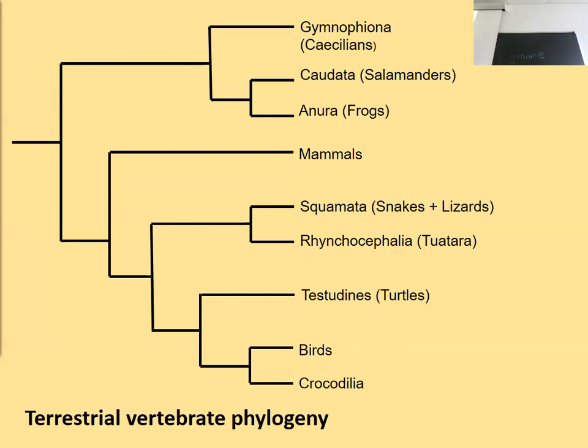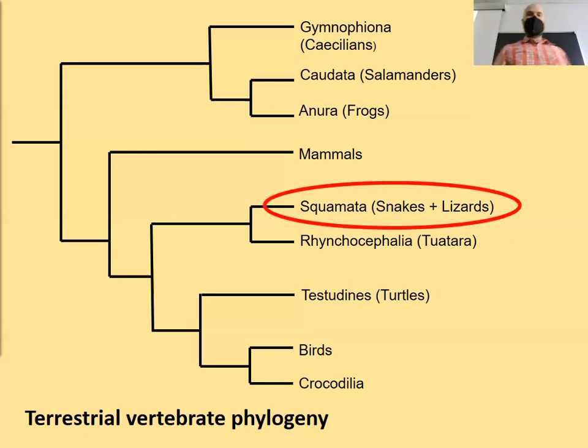Amphibians are the outgroup to all of these other terrestrial vertebrates, which include mammals and what we commonly call reptiles, which also includes, of course, our birds. Now, among our reptiles, squamates are sister to Brynchocephalia, which is the Tuatara. And so these 2 groups form a clade.